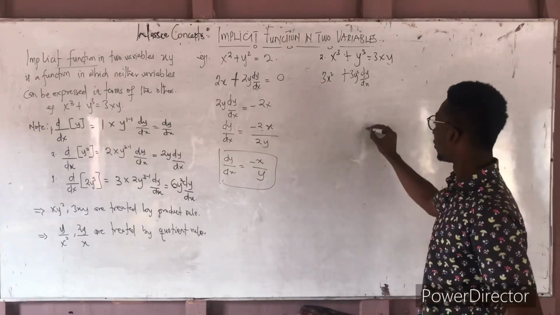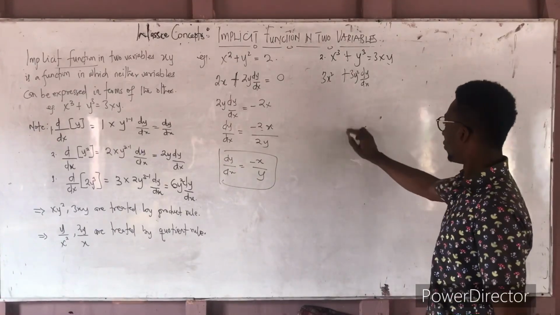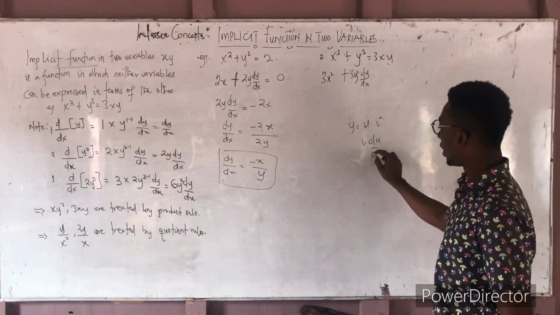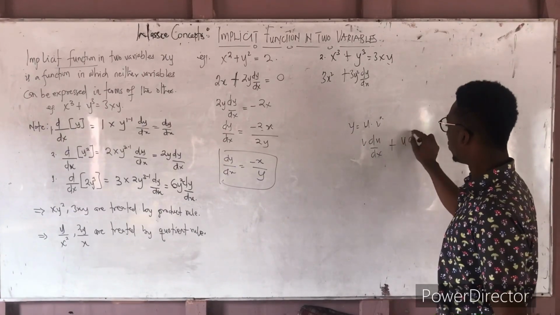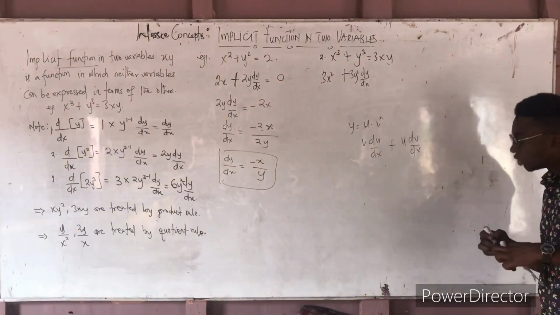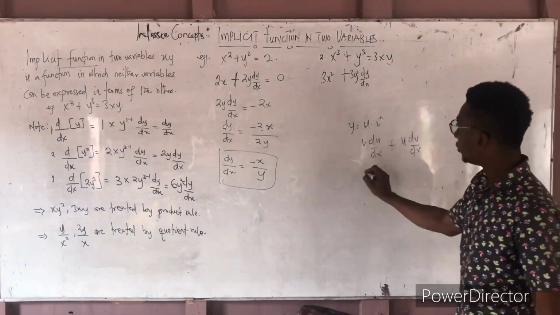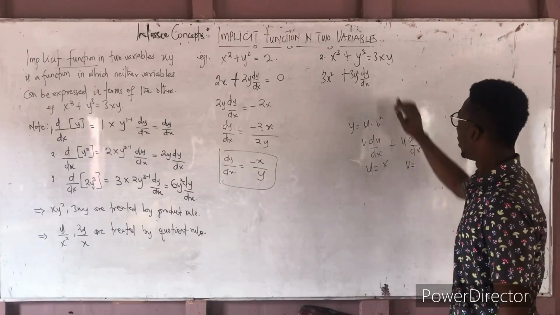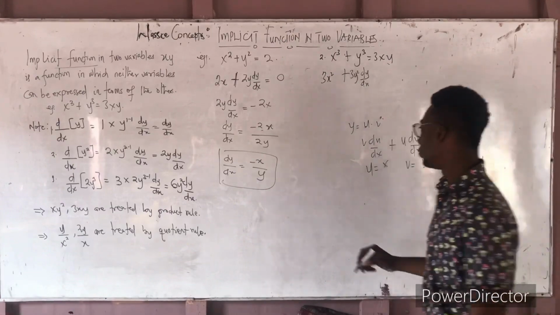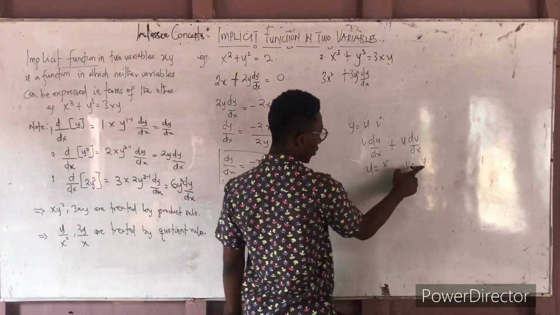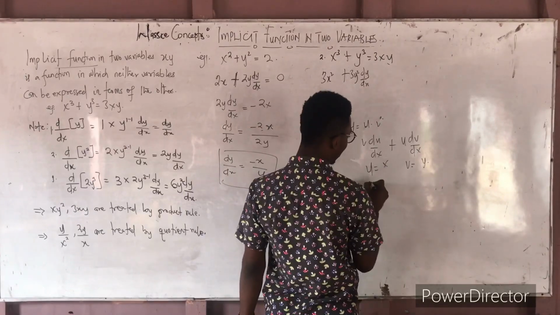The product rule says that if y is equal to u v, then dy/dx is v du/dx plus u dv/dx. This is the product rule. So now our u is the x here and our v is the y.